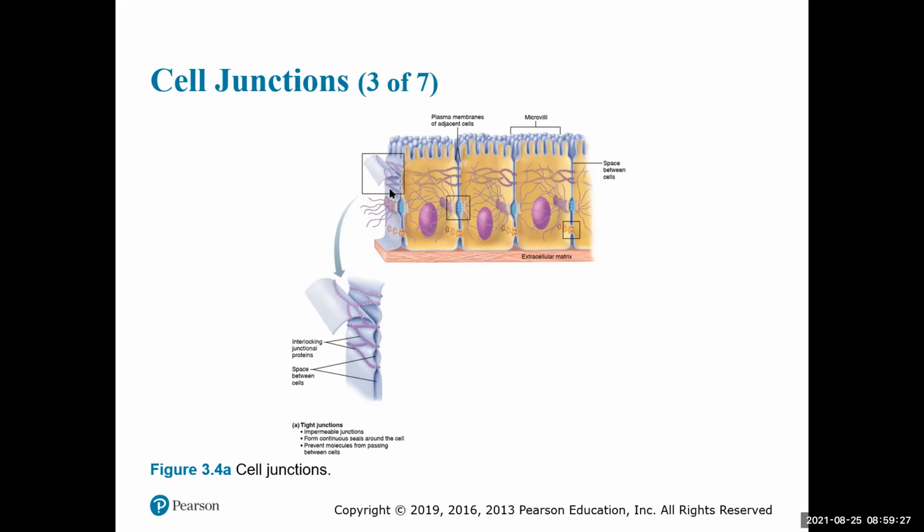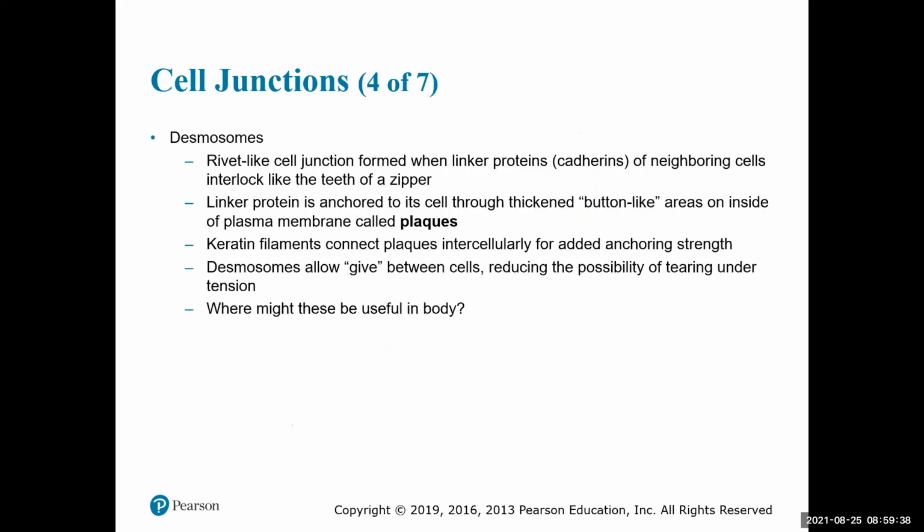Now, gap junctions are the only communicating connections between cells. Okay, this is a description of the desmosomes, cadherins, which are sort of the buttons. That's what rivet-like means. It's a button-like linker.